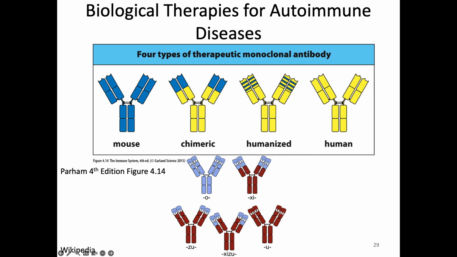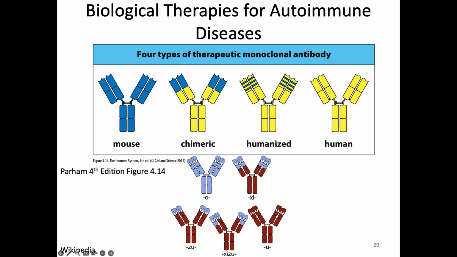And we just talked about a way that could be a problem, right? And so one of the things that's also been really helpful with all of this is that we've figured out ways to actually make antibodies in the lab that are less foreign than the originals were. So originally, we were using antibodies that we got from mice.